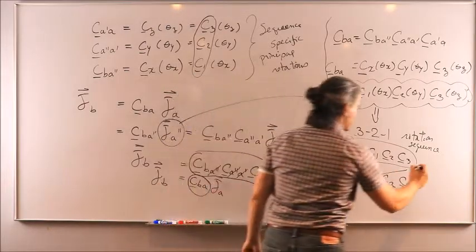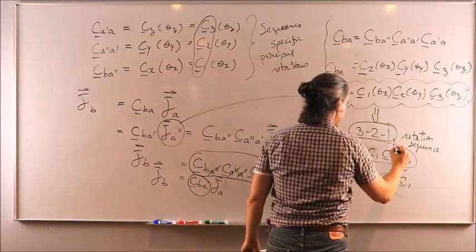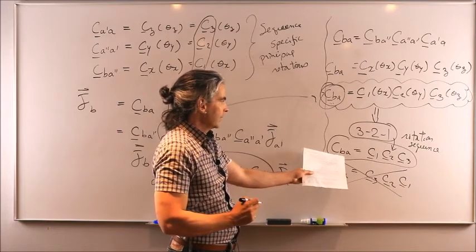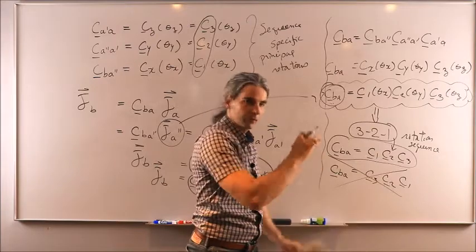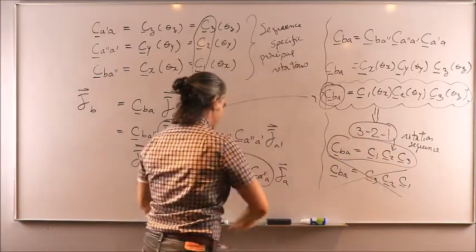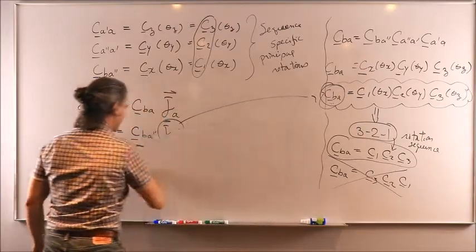So the key thing to remember here is that the way you calculate CBA is related to the sequence, but in terms of calculation, you have to flip the numbering around to get your answer. Okay, let me give you another quick example to make sure that you all understand that.